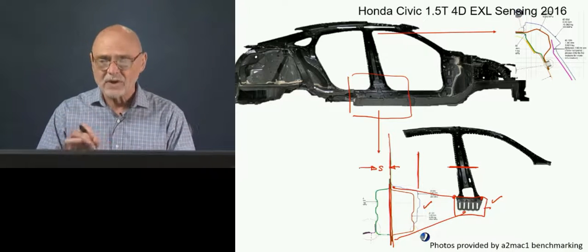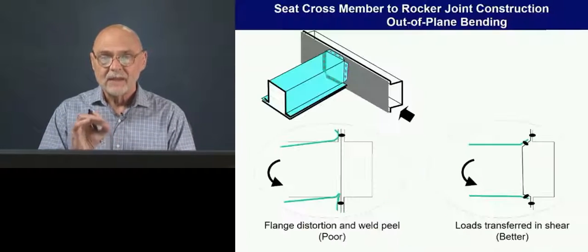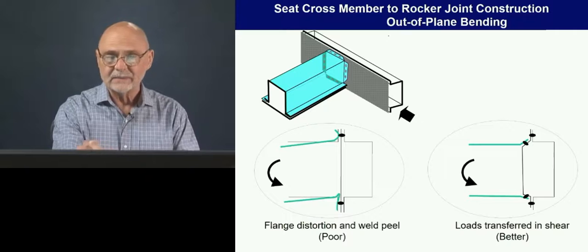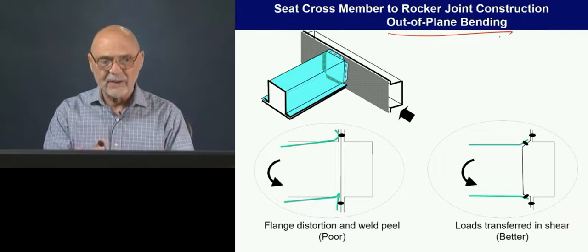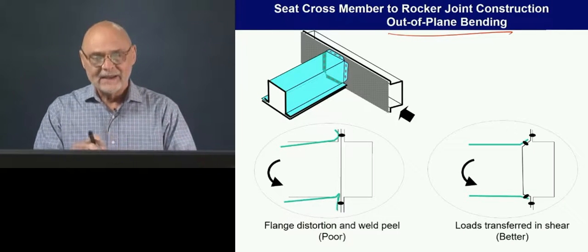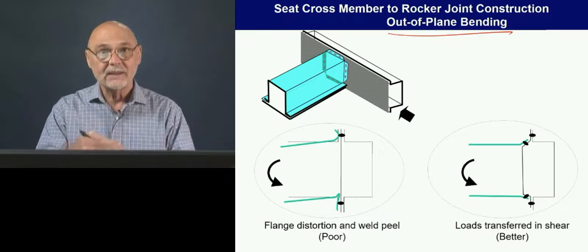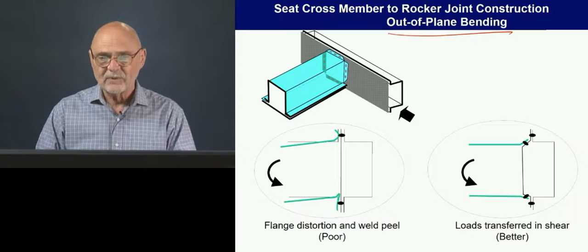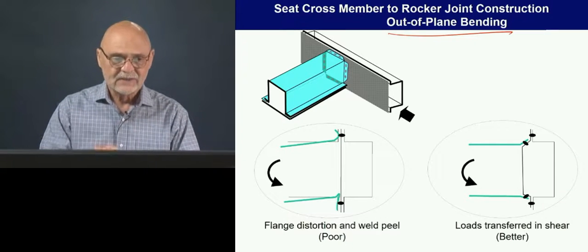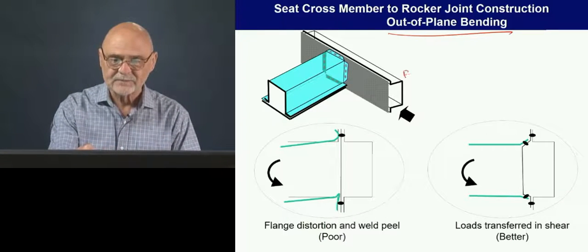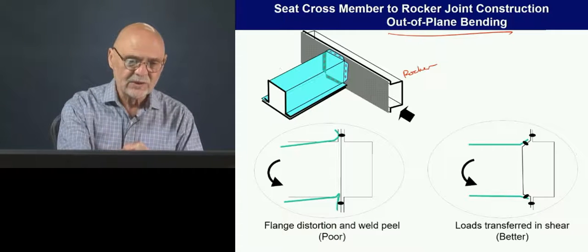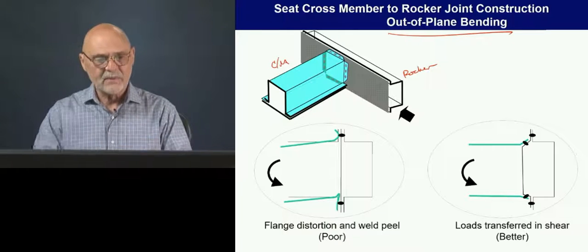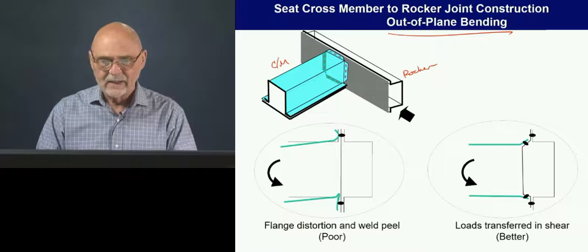So we have not talked very much about this out-of-plane bending. Here's just an example. This is far less important than the in-plane bending. That's where you really have to be careful. Out-of-plane bending is important for some conditions. This is showing the rocker here, and this is showing maybe a seat cross member that goes from side to side.